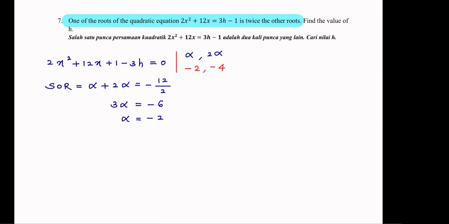Okay, your POR negative 2 times negative 4 equals to C over A. According to our equation, C is this one. This is your C. 1 minus 3H is a C. So C, 1 minus 3H, C over A. A kamu adalah 2. So this is 8.